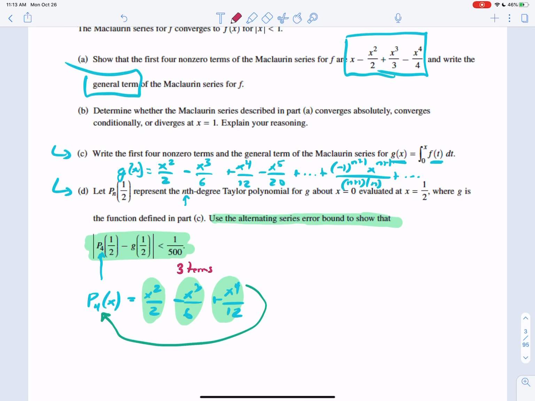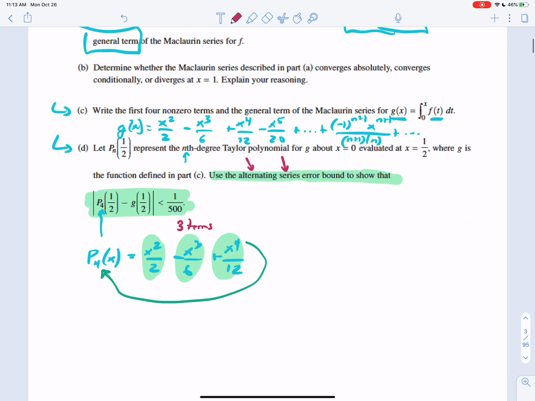Okay. You noticed that it's alternating, okay? And also they were nice enough to tell you to use the alternating series, okay? But even if you didn't get that, you could tell that the series alternates, so you want to use the alternating series error bound, okay? So here's what you guys do. You're going to say that p sub 4 of 1/2 minus g of 1/2.